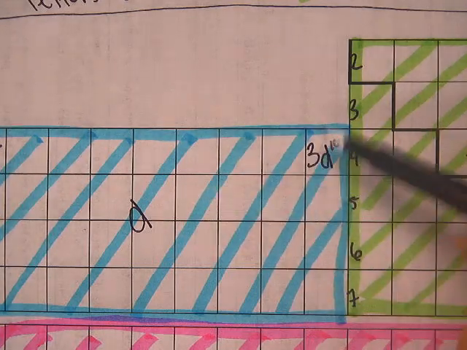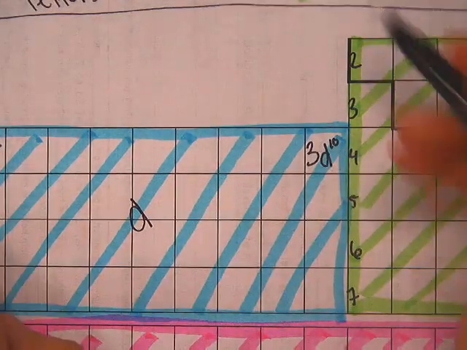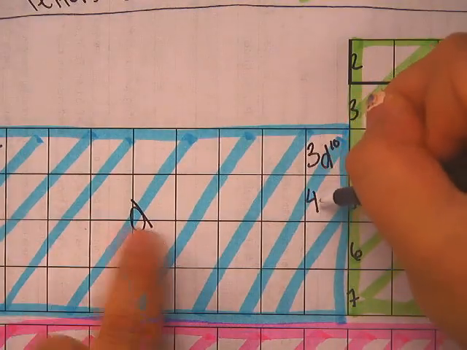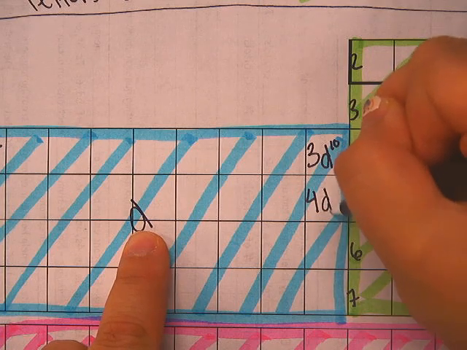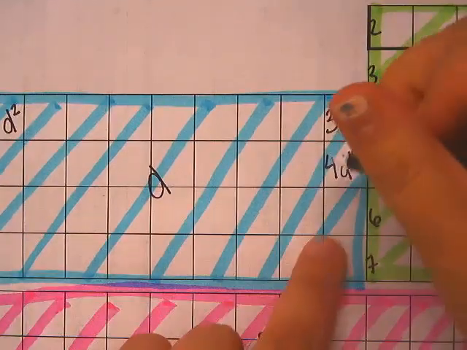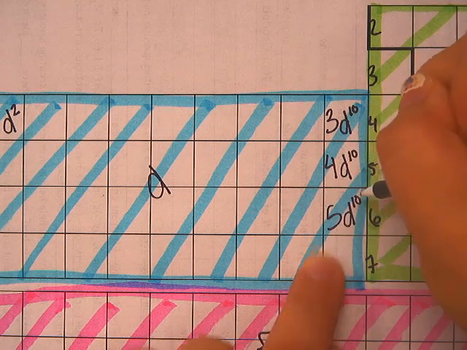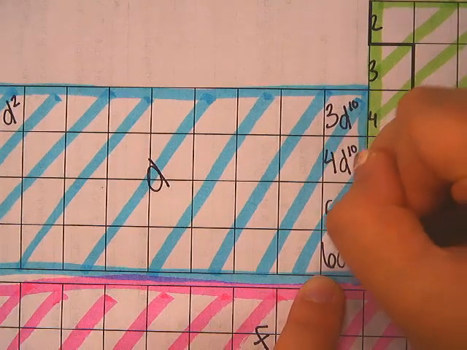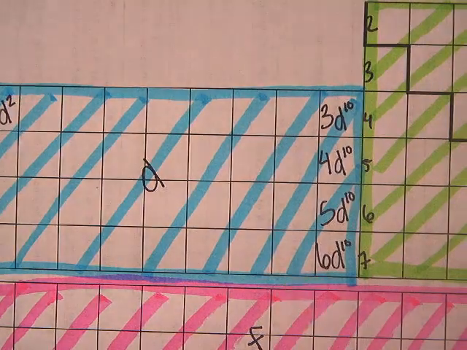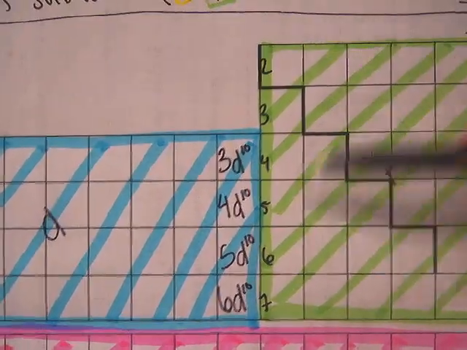Anything under this, so the next box below it, would end up being energy level 4, sublevel D, box number 10. This one's energy level 5, sublevel D, box number 10. This one is 6D10.